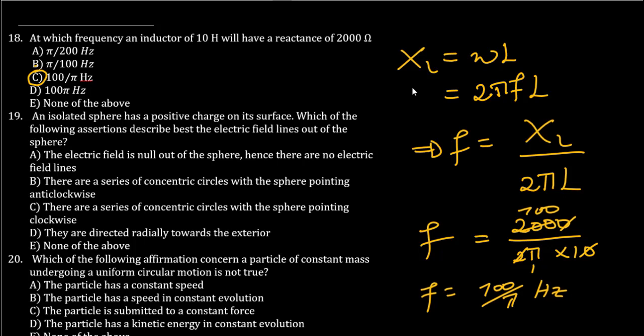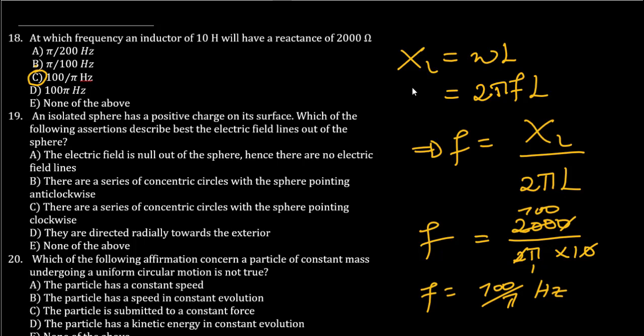Option B reads, there are a series of concentric circles with arrows pointing anticlockwise. Option C reads, there are a series of concentric circles with arrows pointing clockwise. D, they are directed radially towards the exterior. E, none of the above answers is correct. So the correct option to this question is option D.